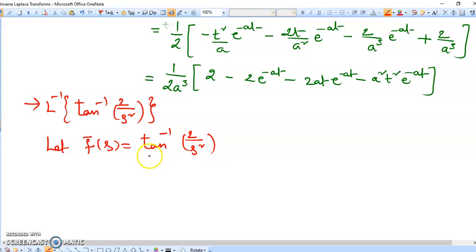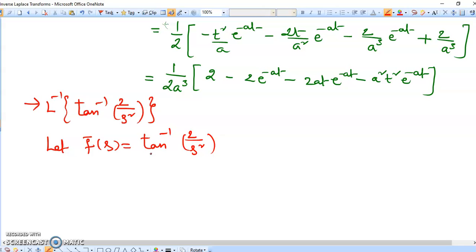Whenever we have problems based on tan inverse, cot inverse, logarithm, make sure that you apply the property of inverse Laplace transforms of derivatives, f bar dash s, f bar double dash s, and so on.